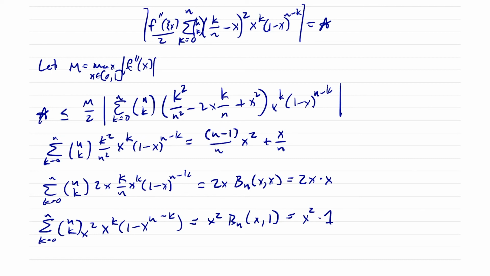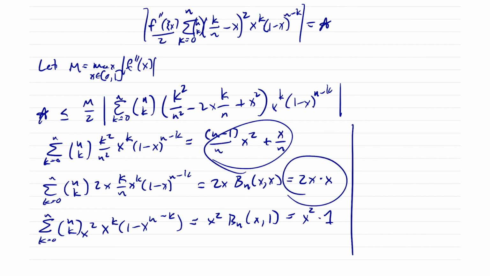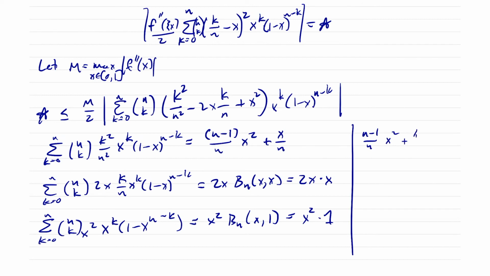Okay, so now let's put all these together. We're supposed to take this term, subtract this term, and add this term. So let's see what we get. We have (n minus 1) over n times x squared plus x over n. Then we subtract off 2x squared, then we add x squared.